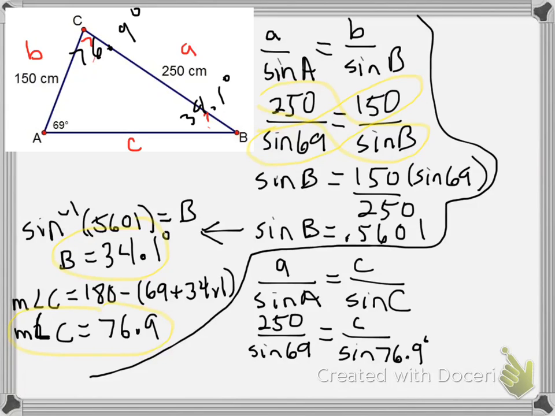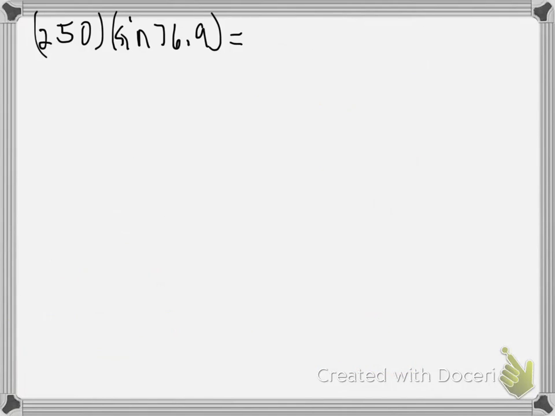So when I cross multiply, I'll get 250 times the sine of 76.9 degrees equals, now I'm going to go back a screen here to find out, c times, I did this one right here, c times sine 69. So you divide by sine 69.